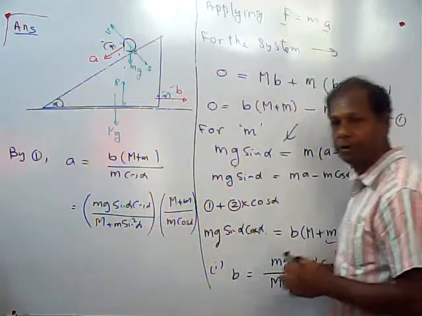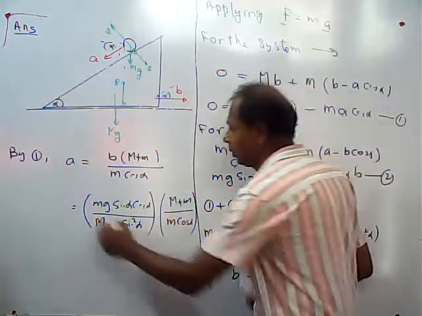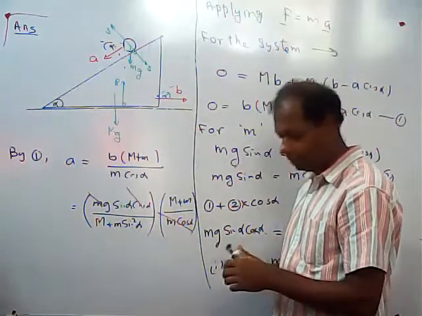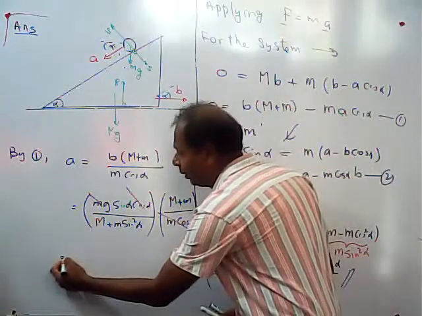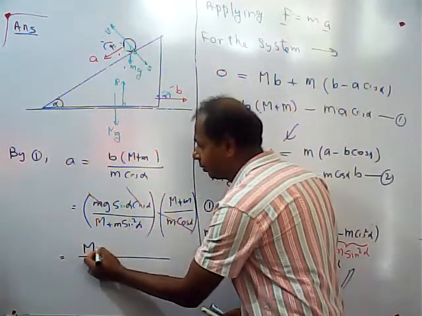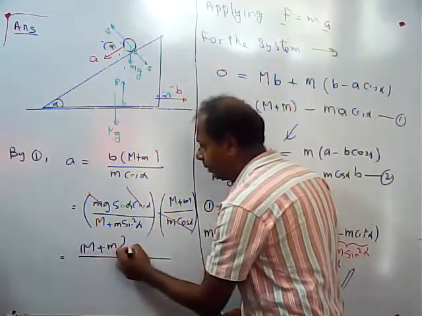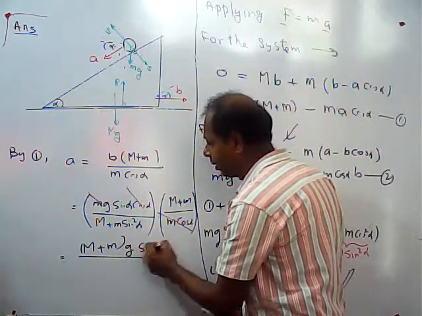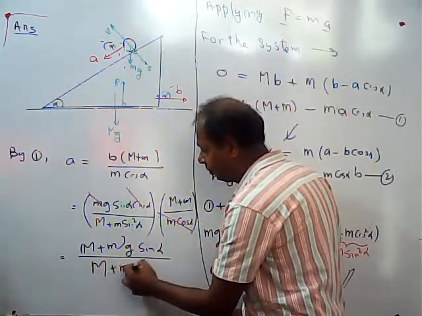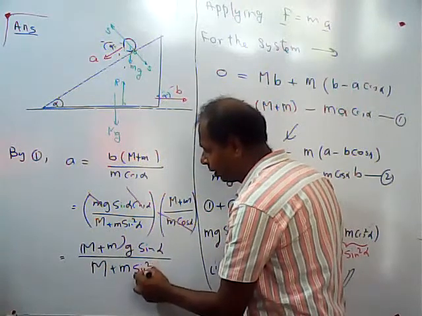The common m cos alpha can be cancelled. Finally, the expression you get for A is M plus m g sin alpha divided by m plus M sin squared alpha.